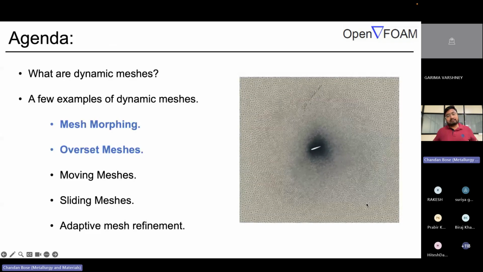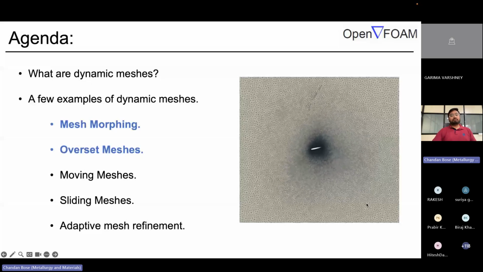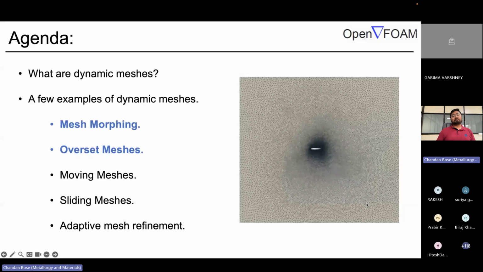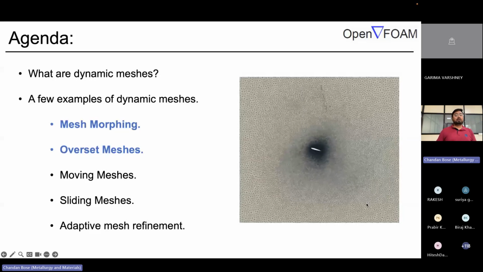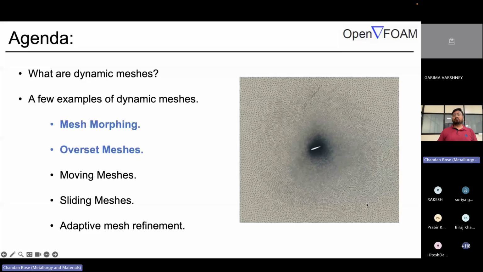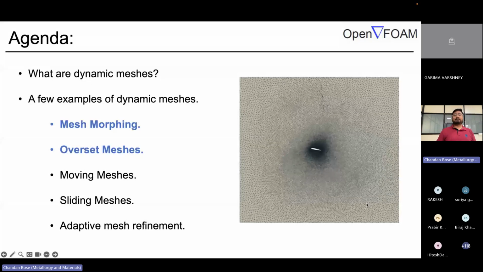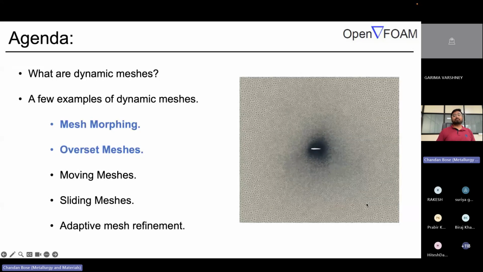So what is the agenda of today's half-hour training session? We will first look at what dynamic meshes are. We will see a few examples: mesh morphing, overset meshes, moving meshes, sliding meshes, and adaptive mesh refinement.